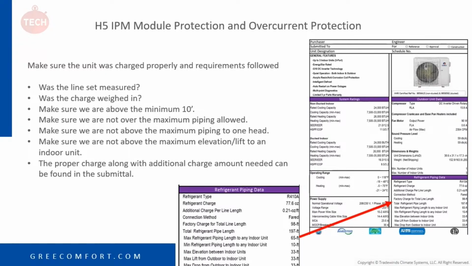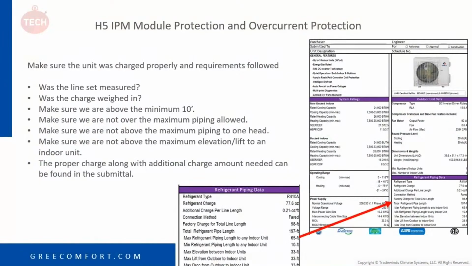So you measure your total piping and anything beyond. Let's see, the factory charge for total length is, so this unit's factory charge is for 98 foot. So anything beyond 98 foot, you'd add the 0.21. The total refrigerant pipe length, the maximum for this whole system, would be 197 foot.